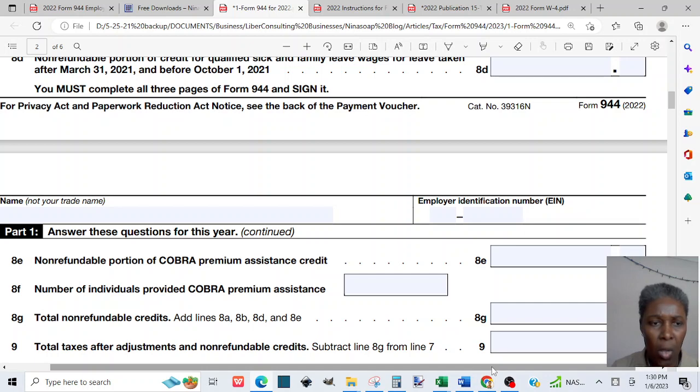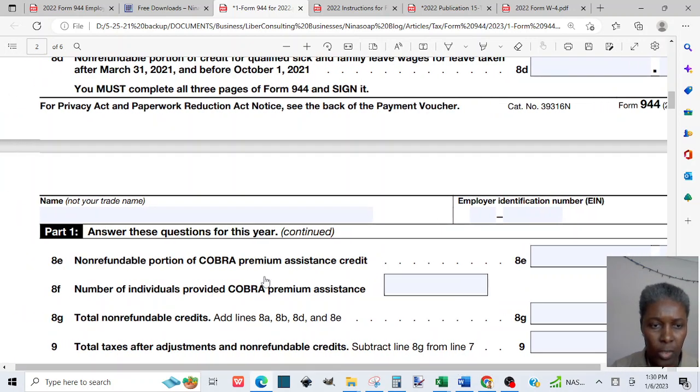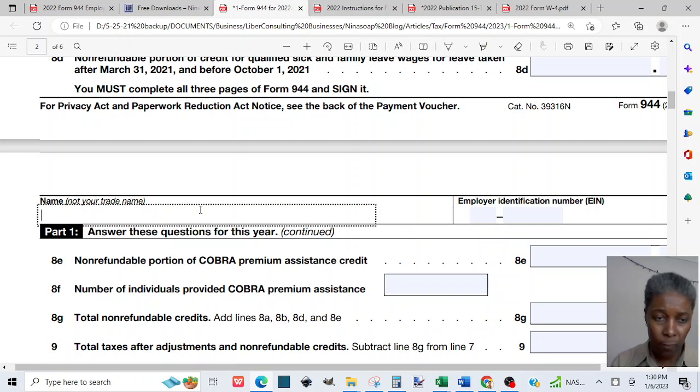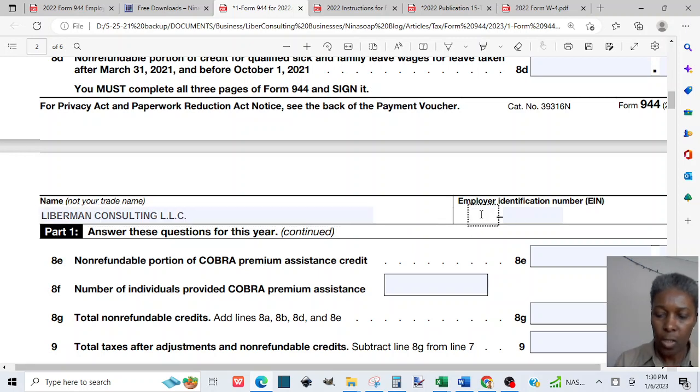Now we are coming to Part 1, page 2. You will enter your business name, the legal name that you have on top, at the top of page 2 and page 3. And make sure the number you use is the one you have on your EIN application form.